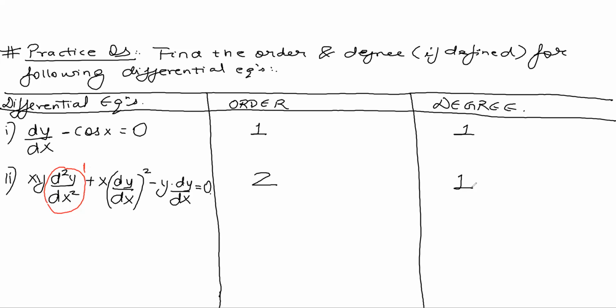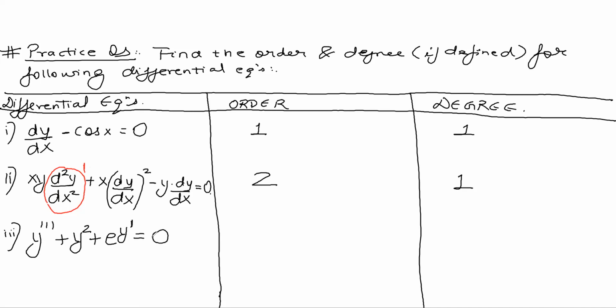And similarly, guys, we can look at the third differential equation. Let me write it more clearly. This is y triple dash plus y square plus e to the power y dash is equal to 0.